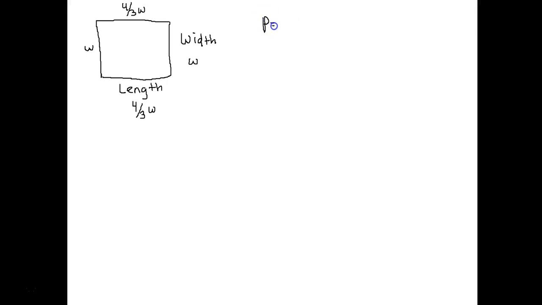The problem tells us the perimeter is 126 inches. I've got 2L plus 2W equals 126. Well, I can replace the L with 4/3 W, because of the aspect ratio.